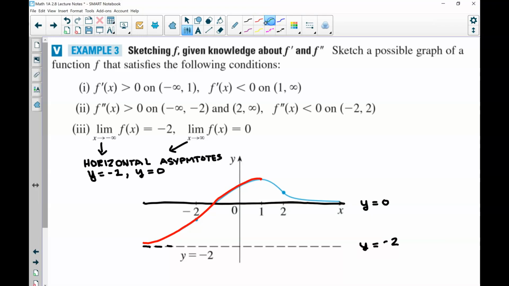Then it is decreasing from 1 to infinity, but we have to take into account that we have a horizontal asymptote at y equals 0 and y equals negative 2. And then we also know that it is concave up between negative infinity and negative 2.